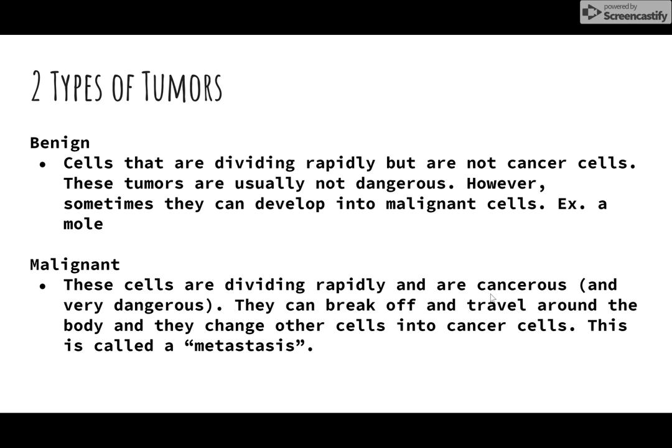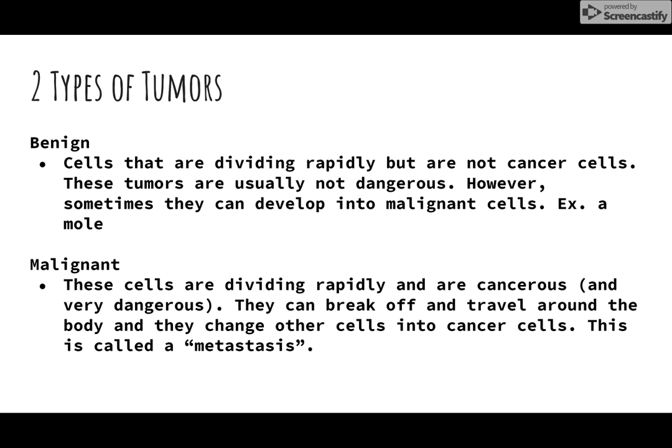So let's talk a little bit about the two types of cancerous tumors that we see. First, we see benign tumors. These are cells that are dividing rapidly but are not really cancer. Their division is abnormal, but they're not dangerous.